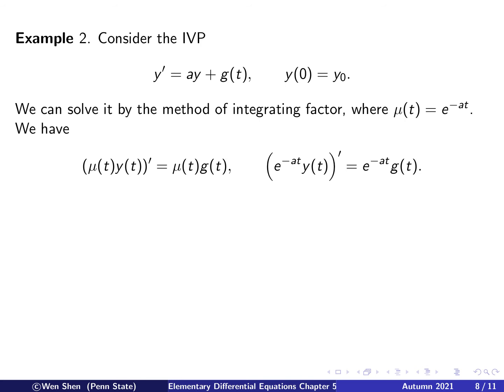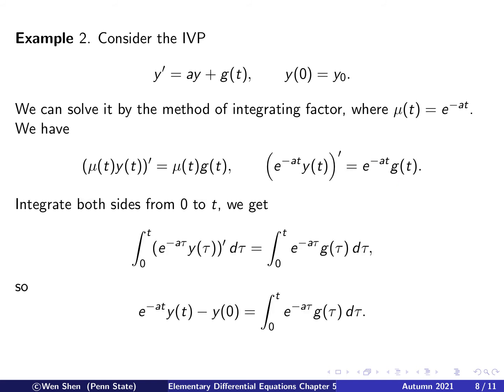Putting in mu, which is e to the negative at, the derivative of mu y equals e to the negative at times g of t. And now we can integrate both sides from 0 to t, left and right. On the left, you're integrating a derivative, so you just need to evaluate it at the two end points, which we do here.